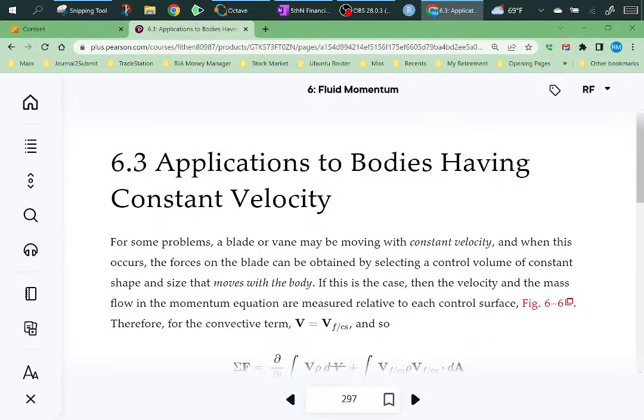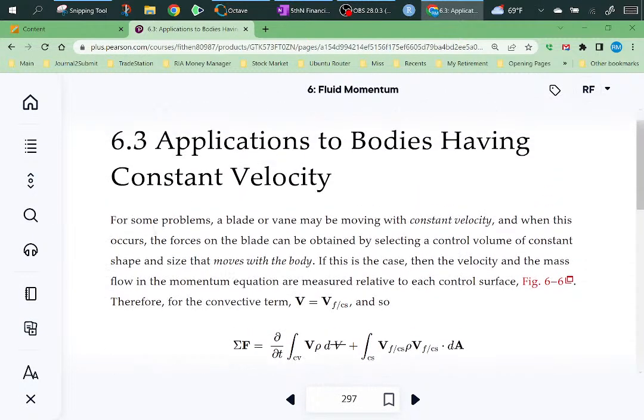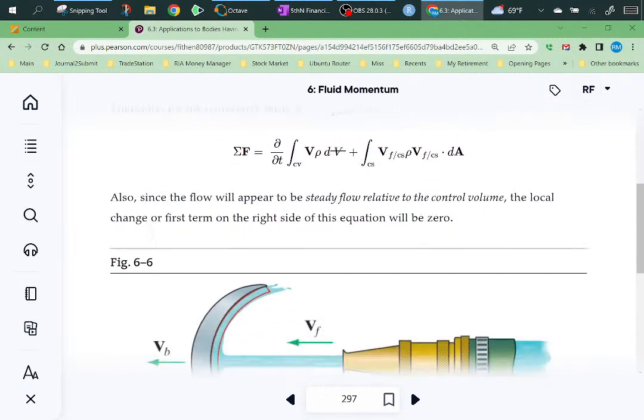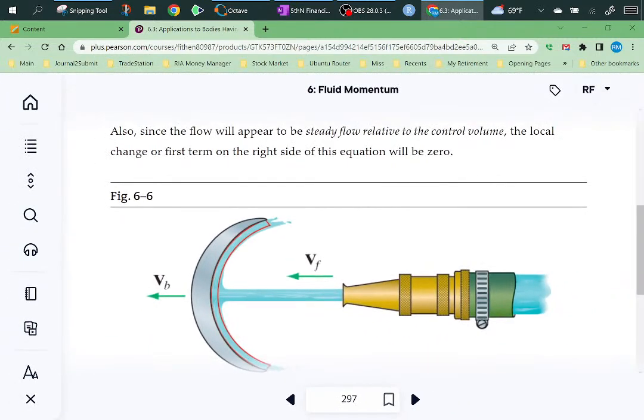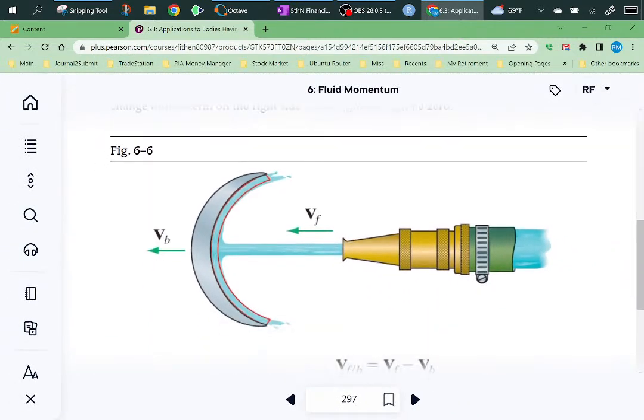So the moving stuff. If you have a moving body with a constant velocity, it's actually pretty simple. If you stare at this, he's made this little red control volume.